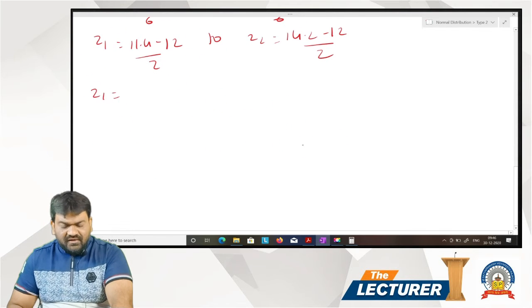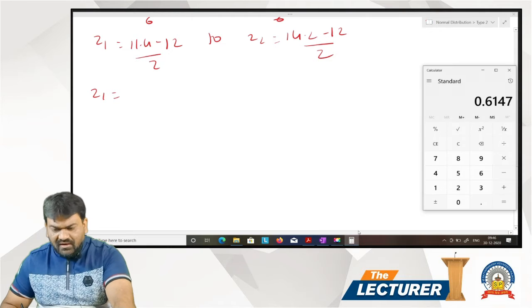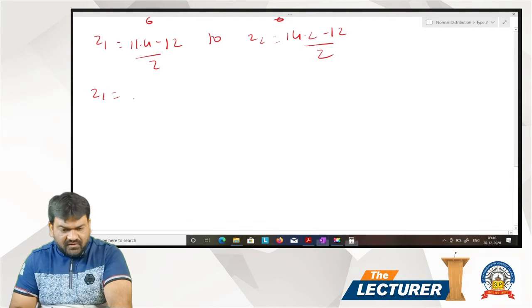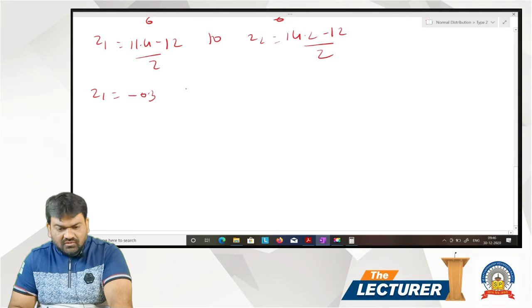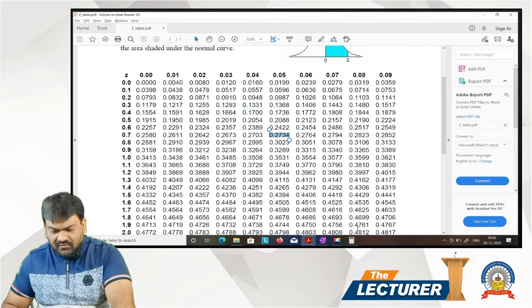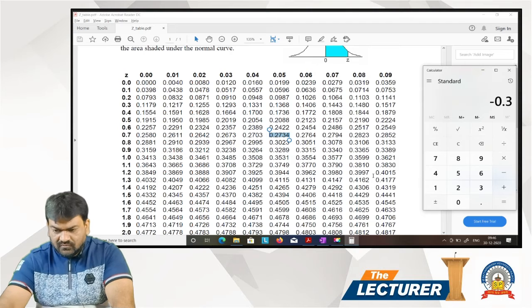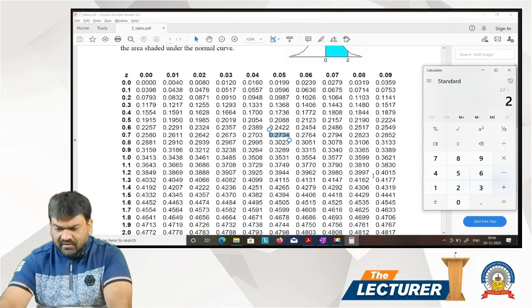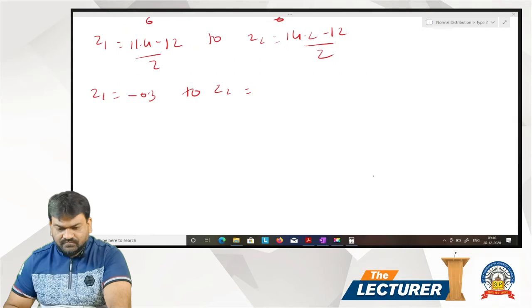So z1 is equal to 11.4 minus 12, that is minus 0.6, minus 0.6 divided by 2, that is minus 0.3. z2 is equal to 14.2 minus 12, that is 2.2 divided by 2, 1.1.